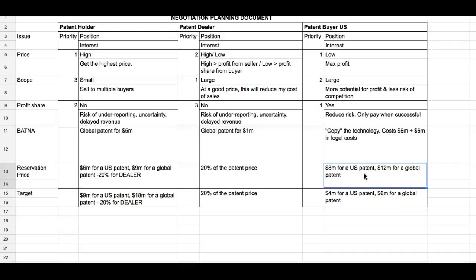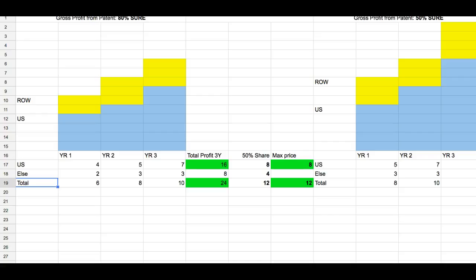But we are talking about the patent price, not about my profit. No, you're talking about patent price divided by 2, okay, 60 million. But 60 million, where from? 16 million? I thought it just wanted to show that if you're going to make more money than the 80% sure model, then you shouldn't go for the percent share, because it costs more.